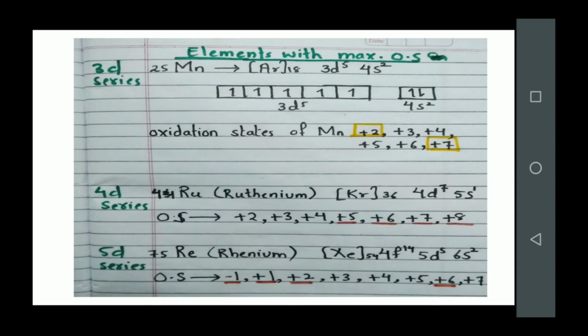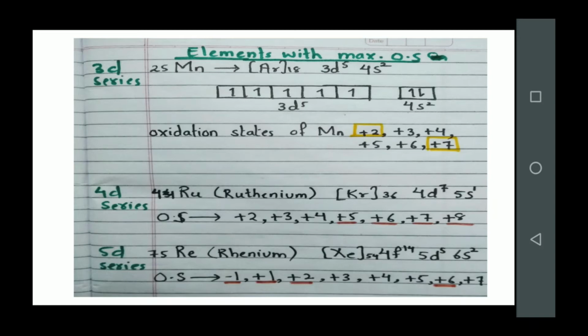Okay, in the same way, in 4d series you will find that ruthenium exhibits the maximum number of oxidation states, and in 5d series rhenium shows the maximum number of oxidation states. Ruthenium shows 7 oxidation states and rhenium shows 8 oxidation states.